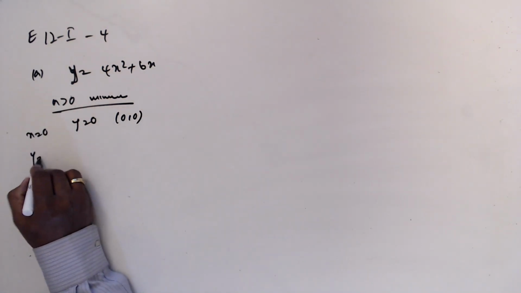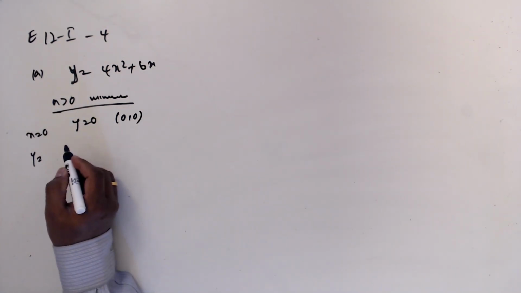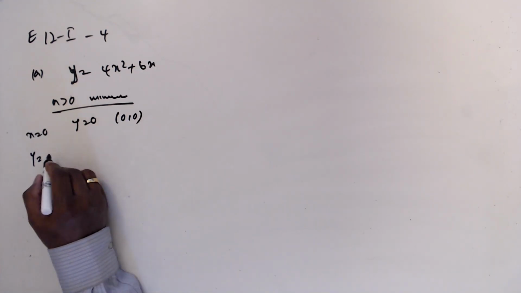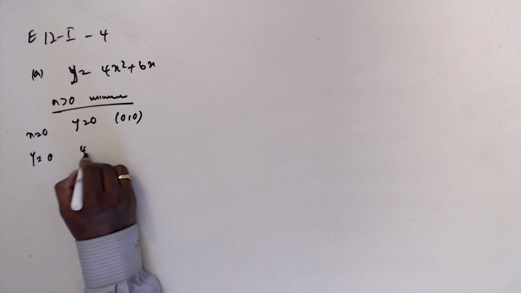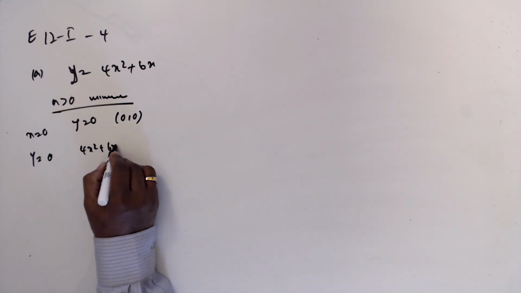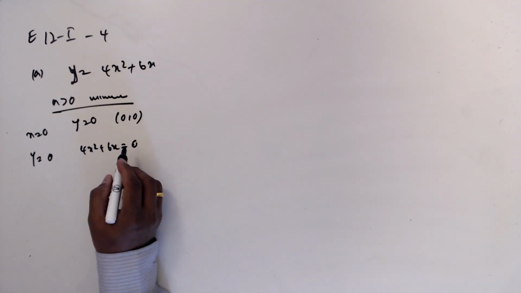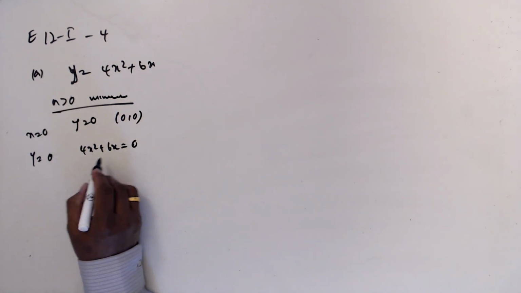And when y equals 0, 4x squared plus 6x equals 0.